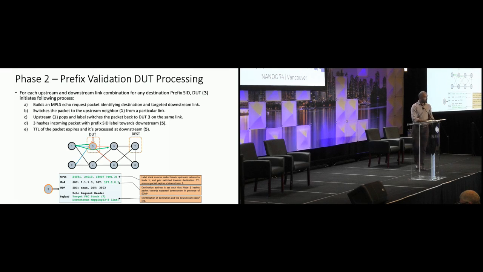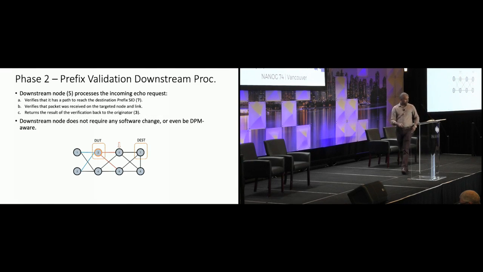So we send this packet out, it reaches the downstream device, and then downstream can make sure that it has a labeled path to reach the destination. Here our destination is 7. So node 5 can make sure that it has a path to reach the destination 7, and that path is labeled. And then it can also make sure that it was the intended destination.